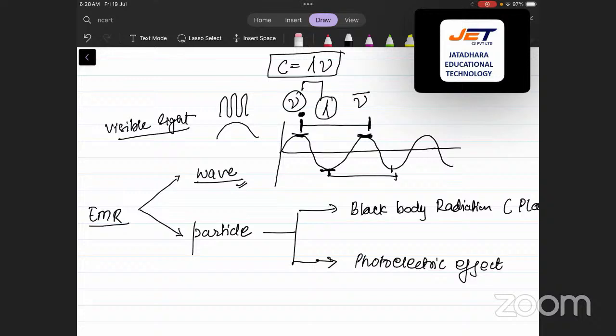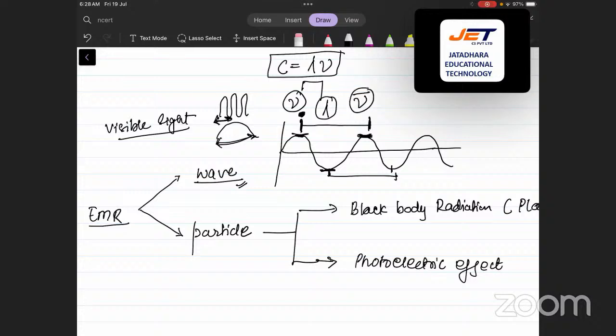So a shorter wave will have more frequency, and the longer wave will have less frequency, right? So yes, Bhavna says the number of waves passing through a point in a unit second. So we'll write it as the number of waves passing through a point in a unit second, which is what is known as the frequency.